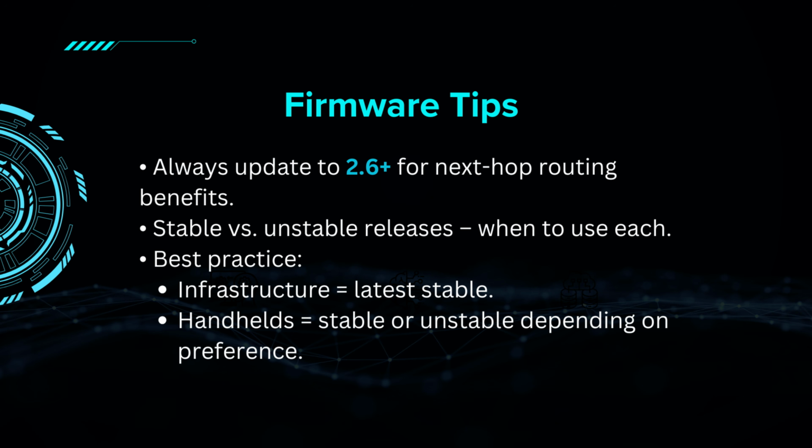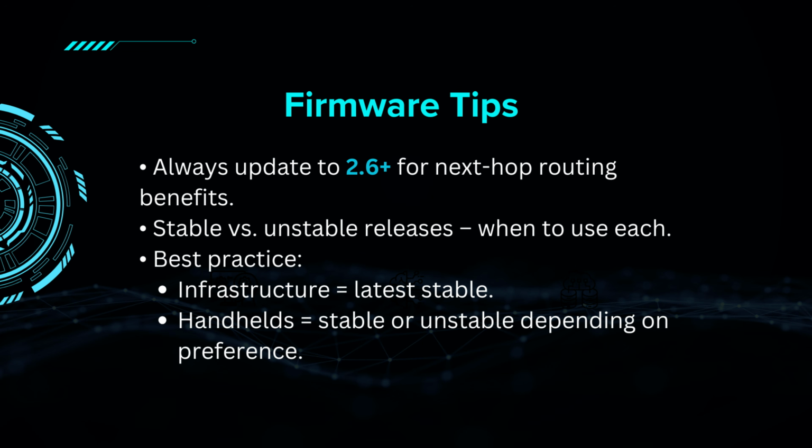Firmware tips. I know there are some out there that don't like the fact that they have to update their firmware frequently. But there are reasons behind that with anything technological, your phones, your laptops, everything nowadays. They're fixing either bugs or vulnerabilities in that firmware so that you get the best out of it and your privacy and security are protected.